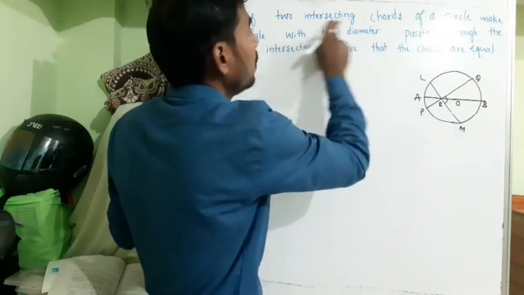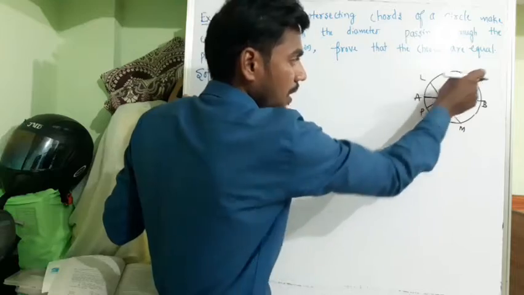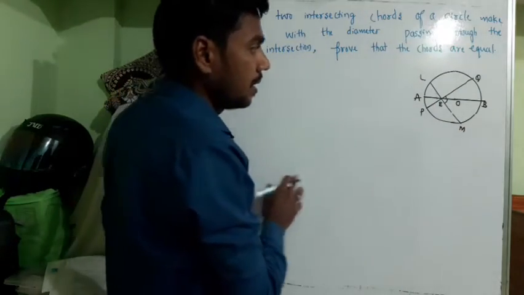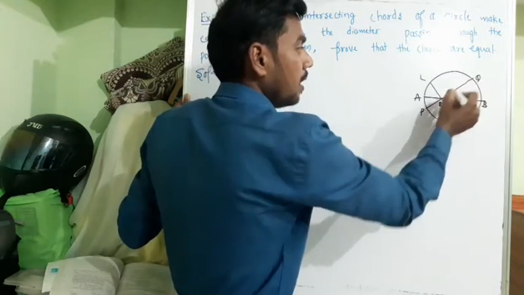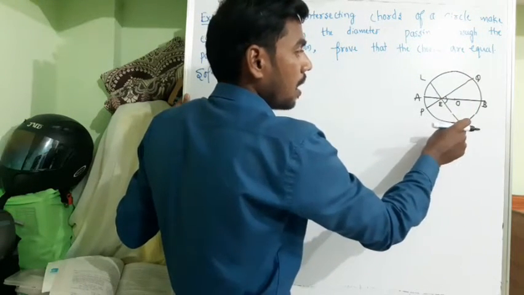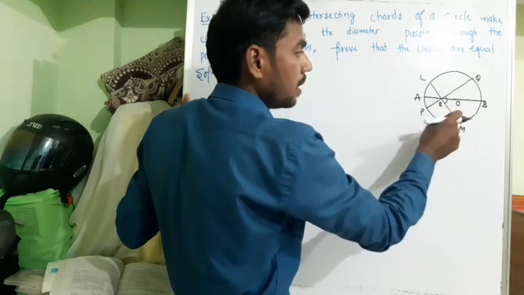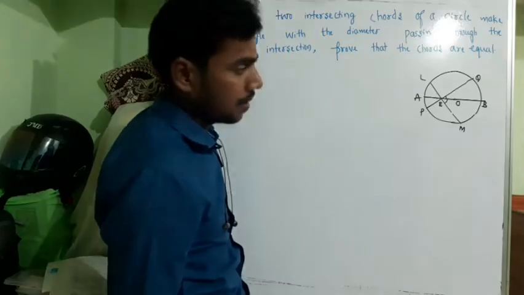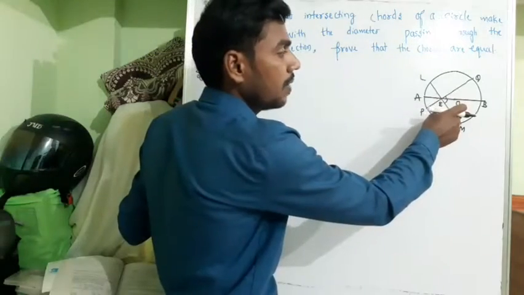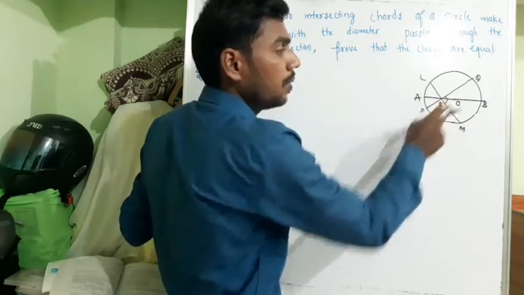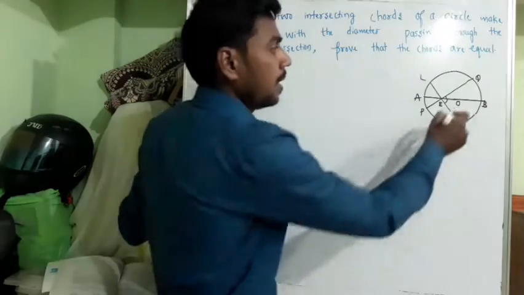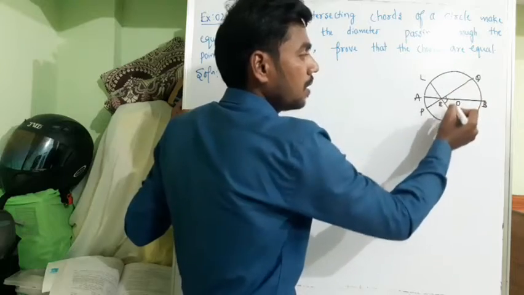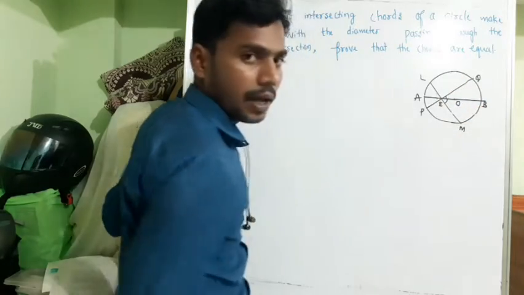So according to this, MEB is equal to BEQ. So this diameter is making equal angle with the other two chords. That means BEQ is equal to BEM.